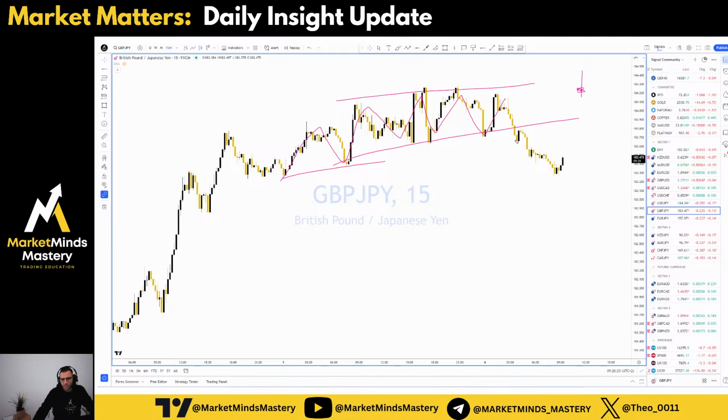So a break below that occurred during the Asian session. Market made a new low, pushed upward, and then it moved lower. So today we do expect to see some push to the upside and the price to continue moving lower. The first area of support is found around 183.